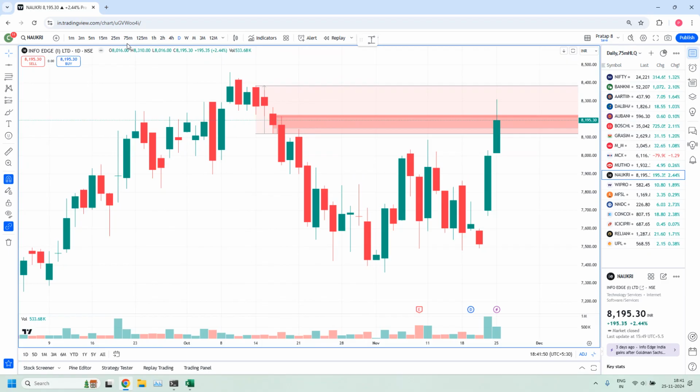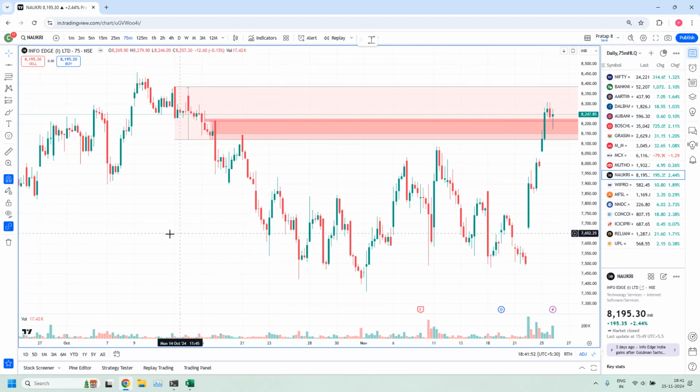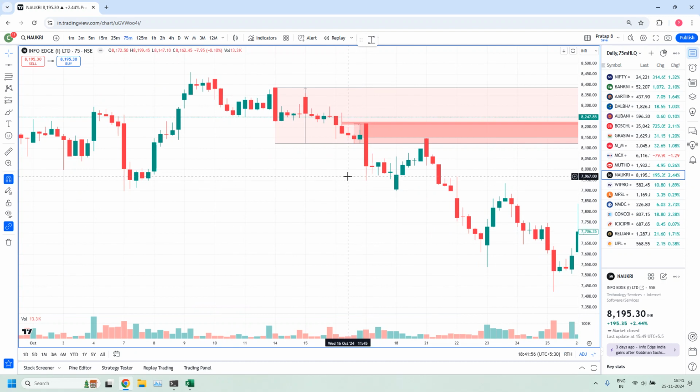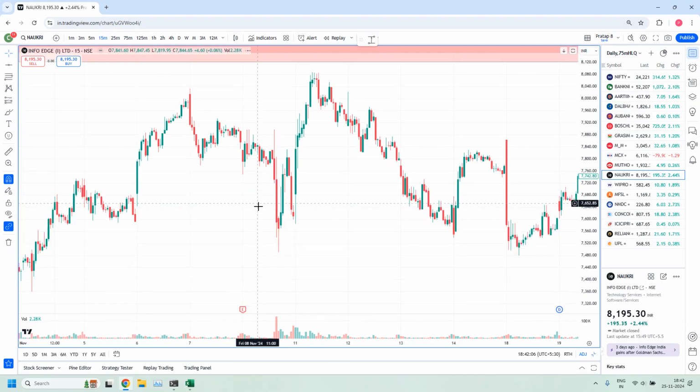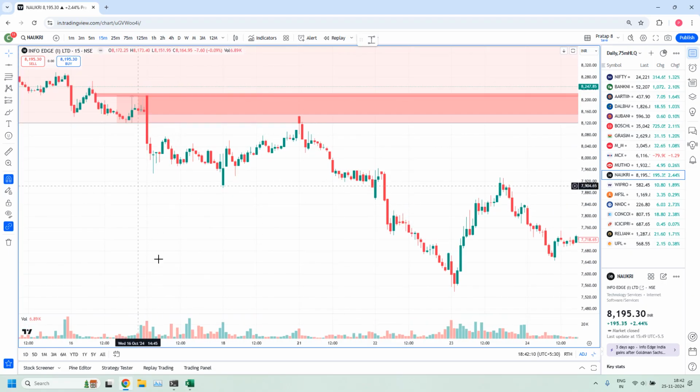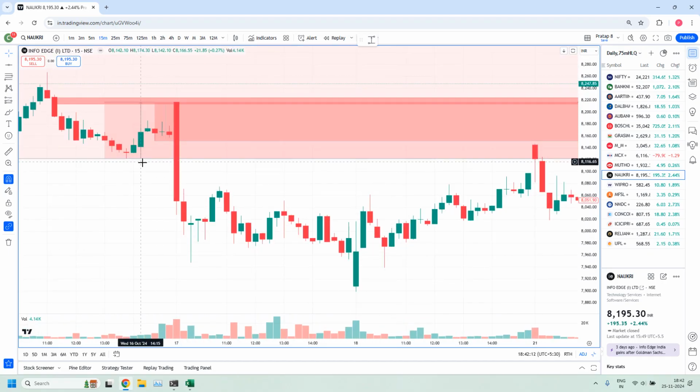And when I fine-tuned, we have a 75 minutes fine-tuned zone here. We have a drop as a leg in, 3 base candles, and again a drop. Within this 75 minutes area, we have a fine-tuned 15-minute zone, with a rally, 3 base candles and a drop.